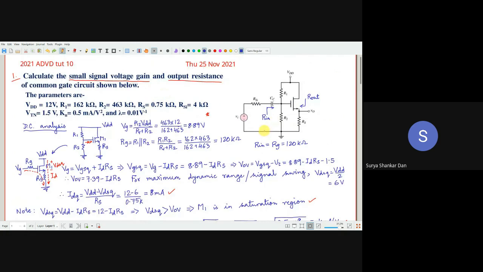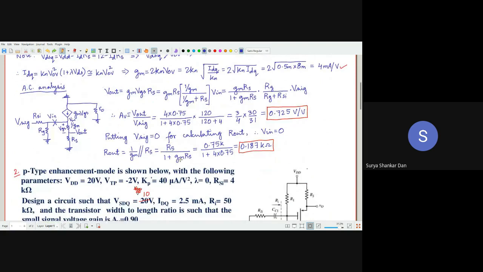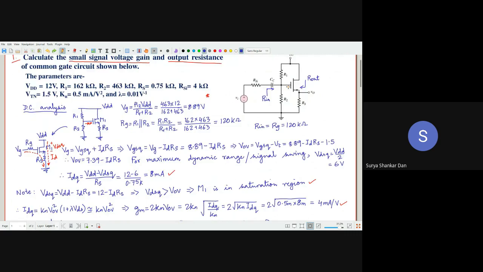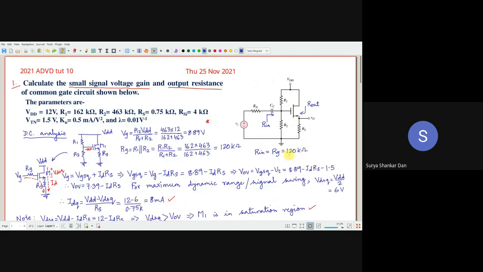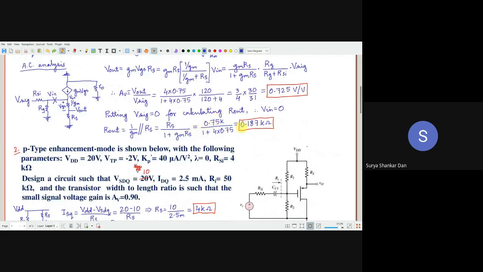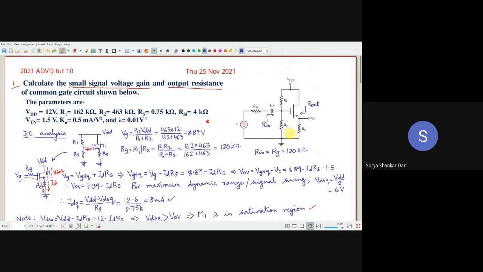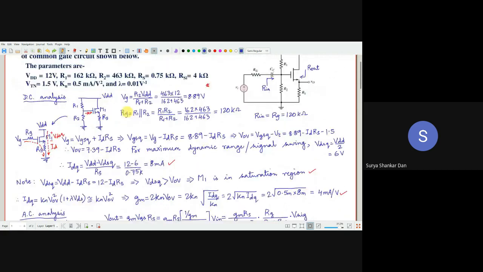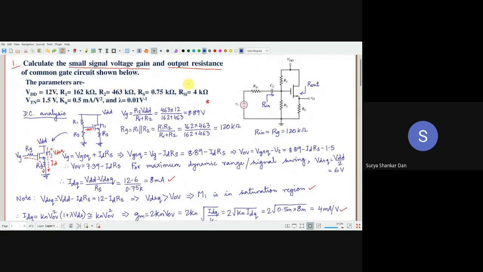And also the other one, RG and RSI. RG we had obtained as 120 kilo ohms, so that is 120 over here, and then RG plus RSI. RSI is given here.